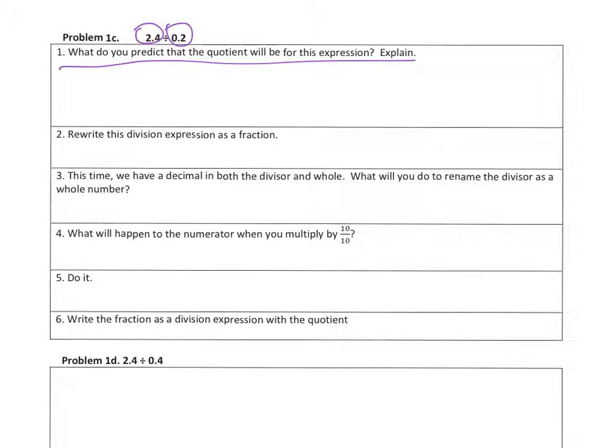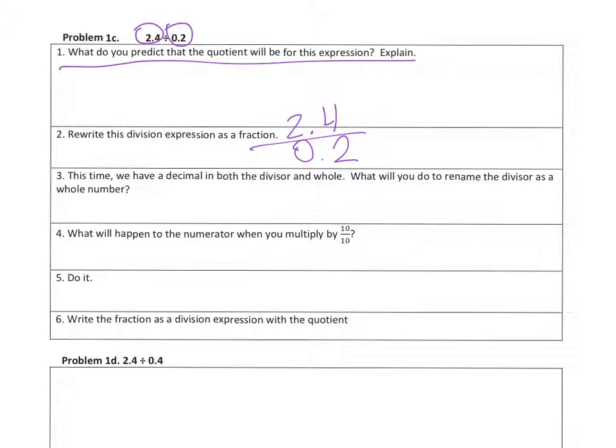So let's rewrite our division expression as a fraction. So 2 4/10 over 2/10. So this time we have a decimal in both the divisor and the whole. So what are we going to do to rename the divisor as a whole number? We'll use our same trick. We'll multiply by 10/10. So what will happen to the numerator when we multiply by 10/10?